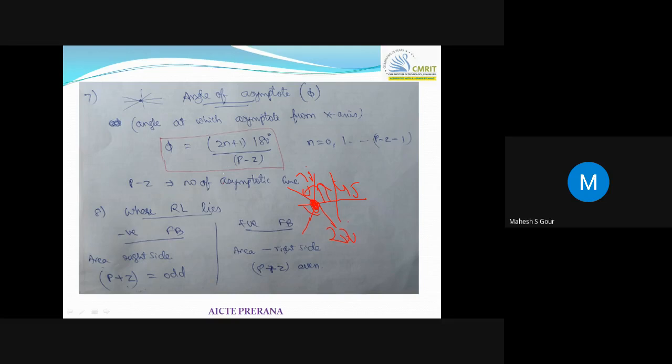At what angle should the line break? The formula for the angle of asymptotes from the x-axis is (2n plus 1) into 180 divided by P minus Z, where n starts from 0 till P minus Z minus 1.